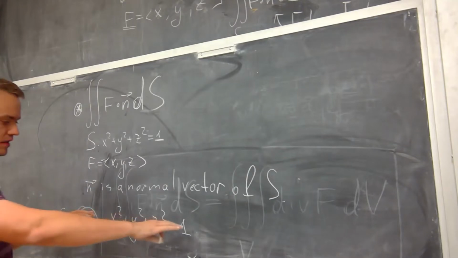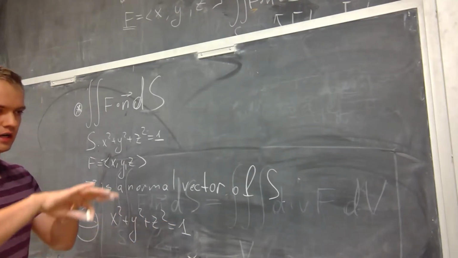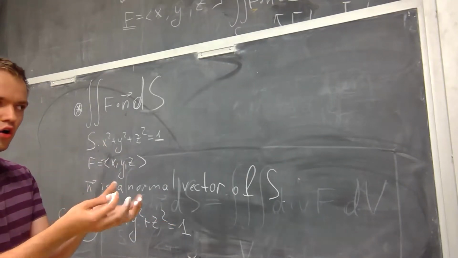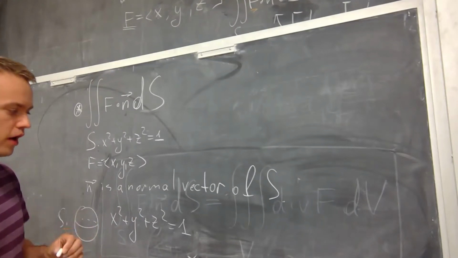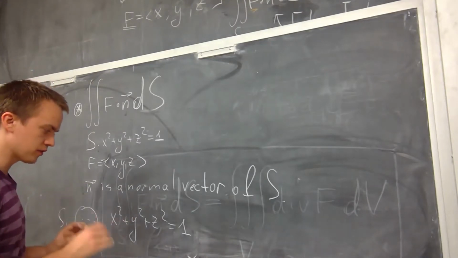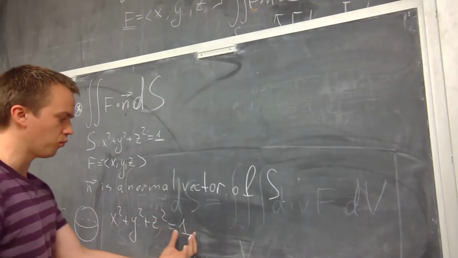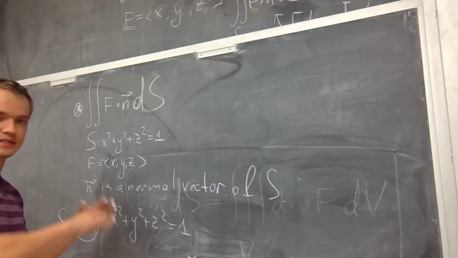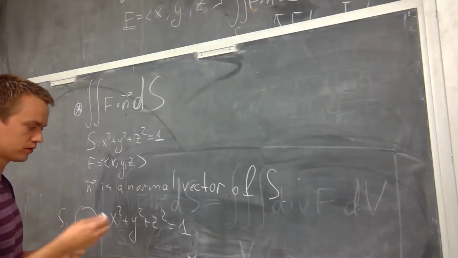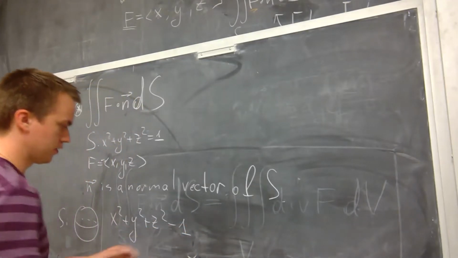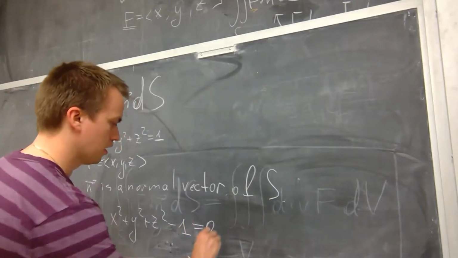We can think about the sphere as a level surface of a real valued function. What am I talking about? If we take this equation and move 1 to the left-hand side, we get equals 0.